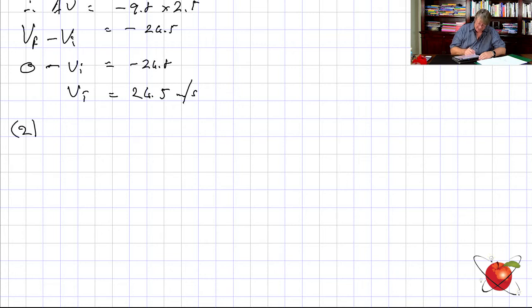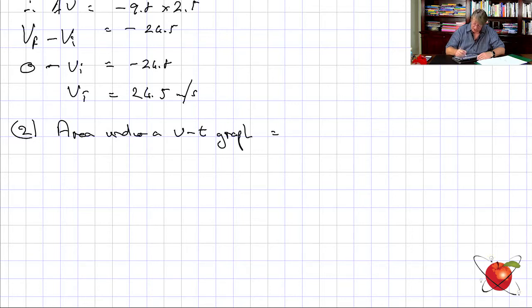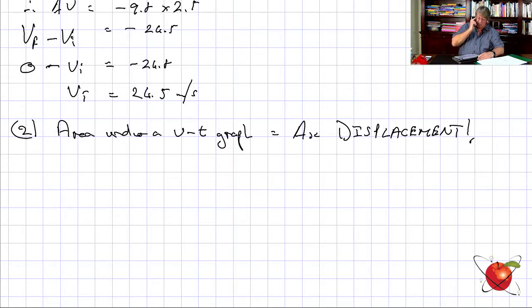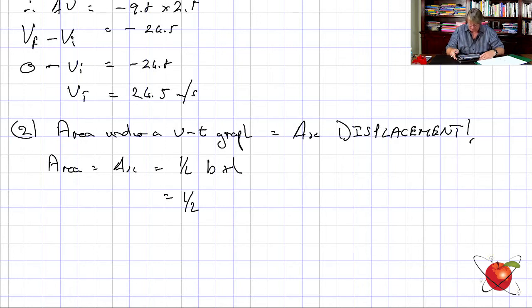And we remember the second thing about a VT graph: the area under a velocity time graph equals delta x, the displacement. So how do I work it out? Well, the area equals delta x equals a half base times height. It's a triangle after all.